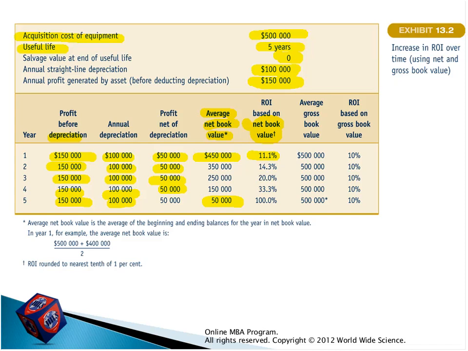So how we got the return on investment for the first year is 11.1%. If we follow our formula, the profit which we have is 50,000, divided by our invested capital. Let me show you again.